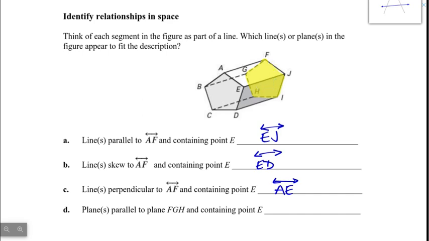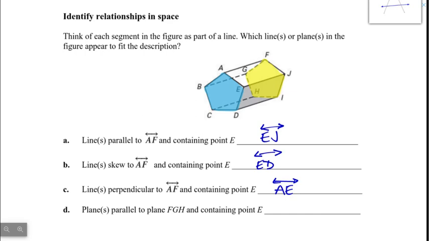So we want a plane that is parallel to that, and it's going to contain point E. Well, what we know about prisms is that our bases are going to be parallel and congruent. So if we look at the other base, the other pentagon in the front here, we know that's going to be parallel to that back pentagon. Notice that the plane that we are showing here, that's blue, is also containing point E.